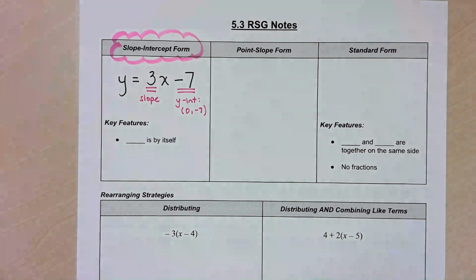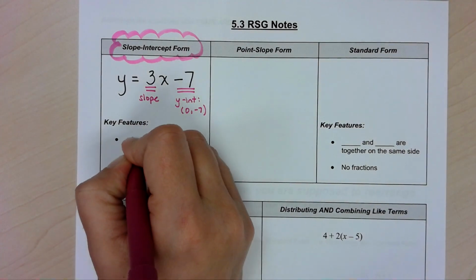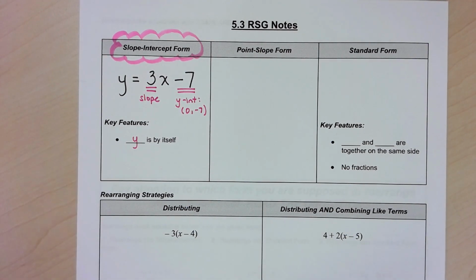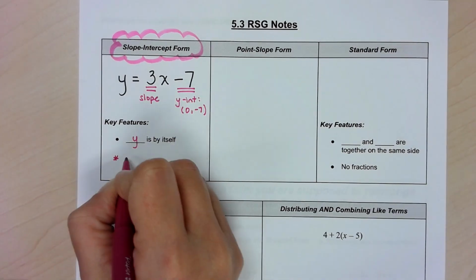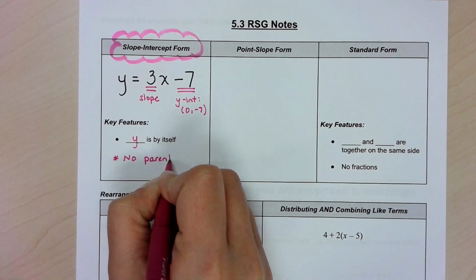Now, one of the key things we need to know about this equation is that the y is always by itself. So in order for it to be considered slope-intercept form, the y is by itself. Another key piece of information is that there are no parentheses in this equation.